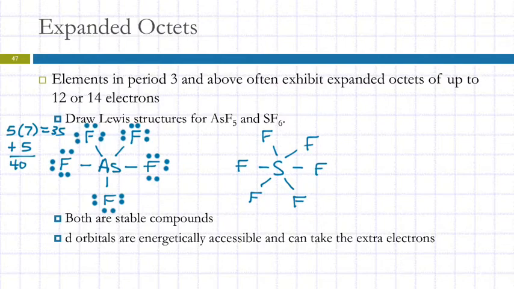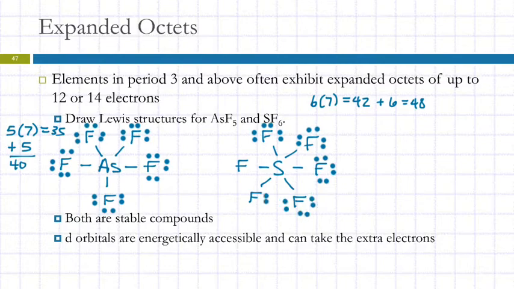If we count up the valence electrons, we've got 6 fluorines times 7, that's 42, plus the 6 for the sulfur, that's 48 electrons. So we've got 12 around the sulfur, and I'll spare you all of the counting. You can count to yourself. So there's 48 electrons there.